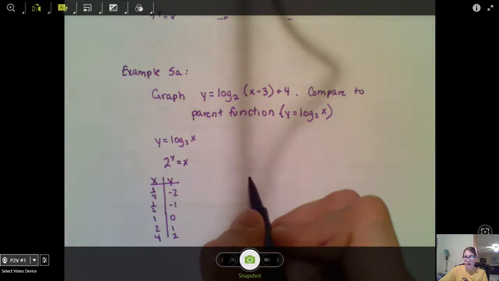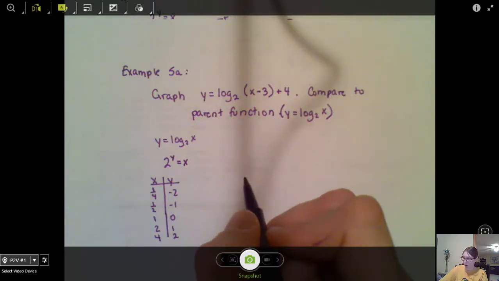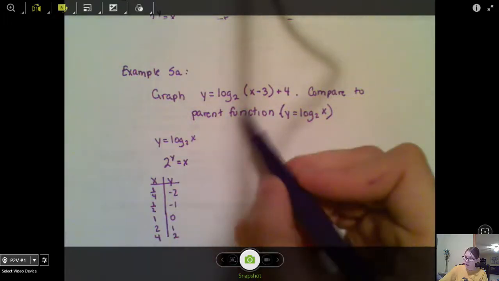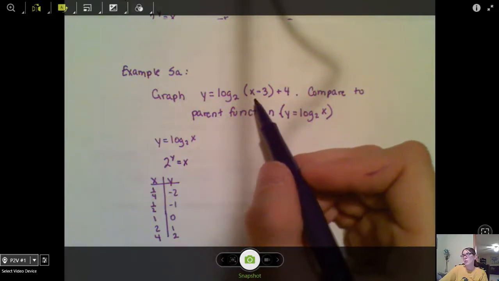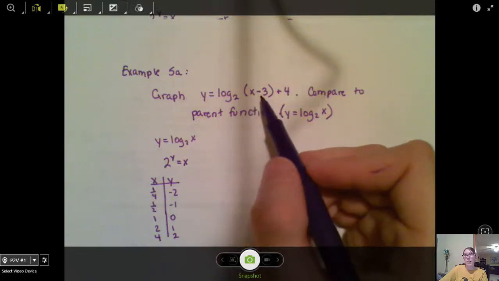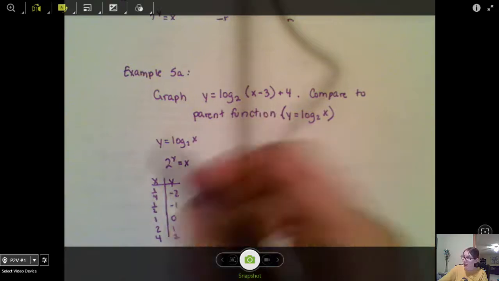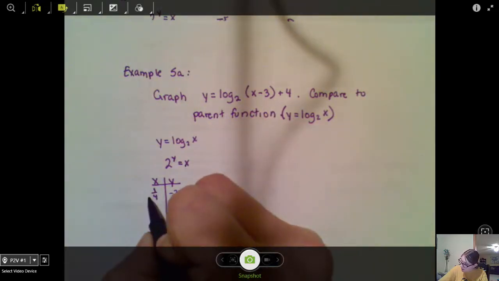Okay, and then we can change our values from here. This -3 inside our parentheses, think about what that's going to do. It's inside, so it moves our graph right 3. And if we're moving right 3, I need to add 3 to each of my x values.